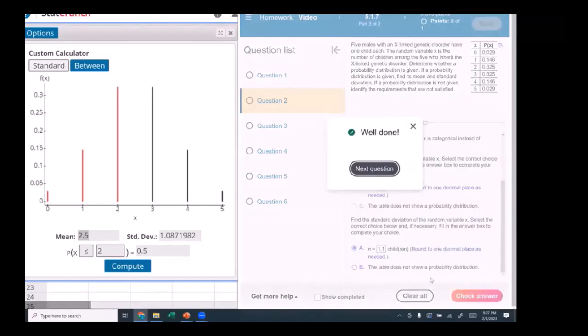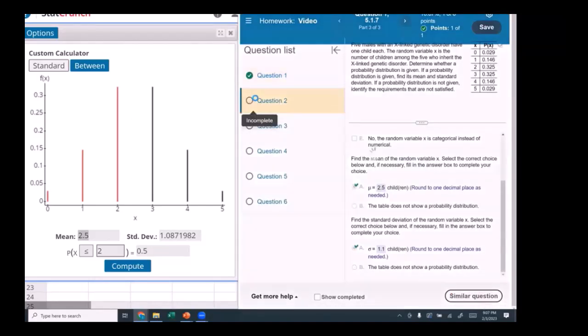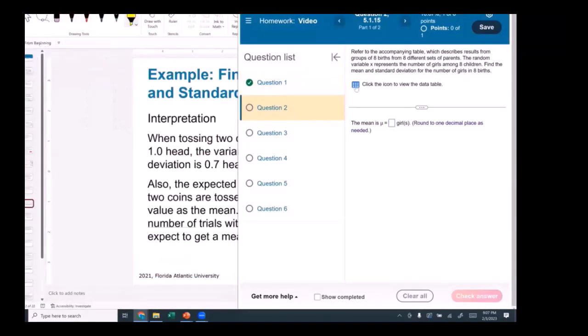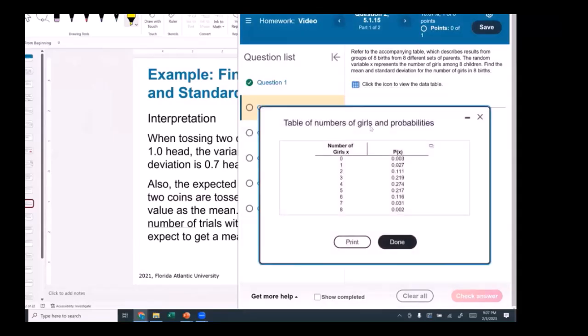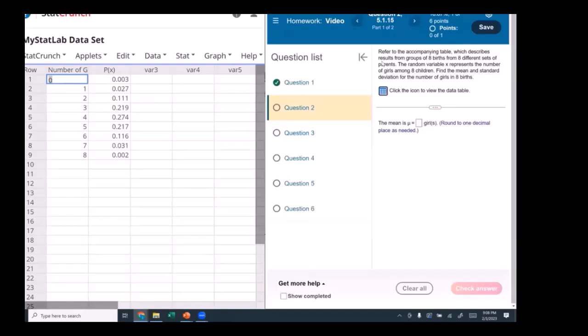And I showed you how to calculate it, but you don't have to calculate it. Question number 2. And let's open this and get our StatCrunch open. Let's read the question. Refer to the accompanying table, we have it over here on the left, which describes results from groups of 8 births from 8 different sets of parents.